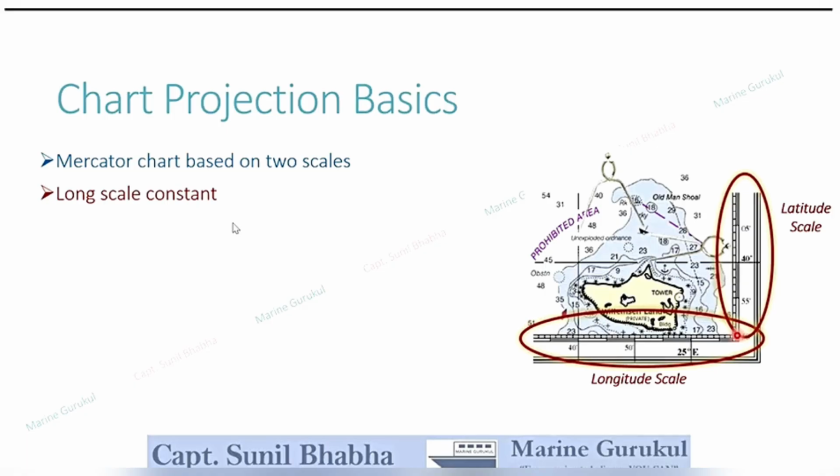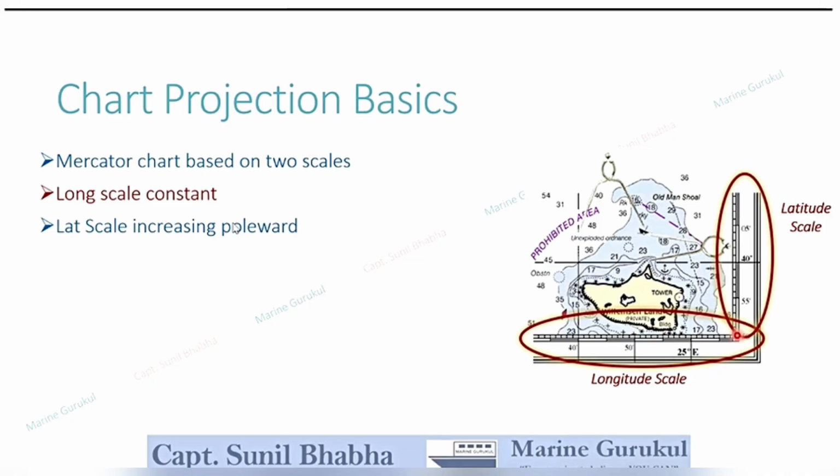You can go to any part of the chart, the length of 1 minute of longitude or 1 degree of longitude will remain fixed. It is not going to change. As far as the latitude scale is concerned, it is not fixed or constant. The latitude scale keeps on changing depending upon where you measure it on the chart.